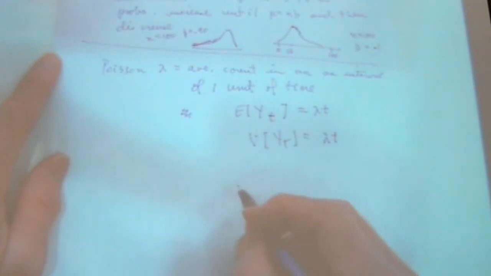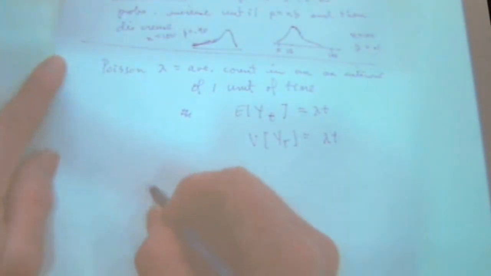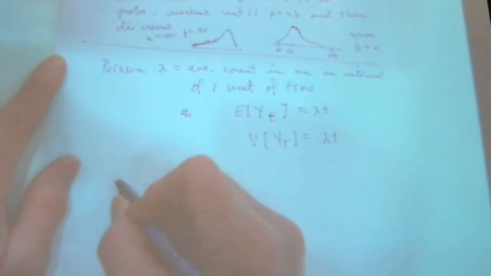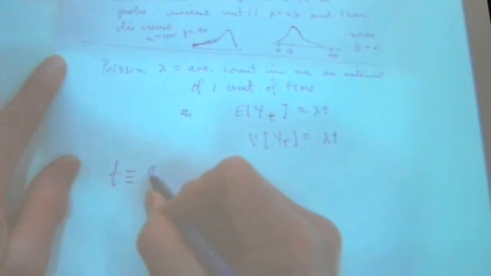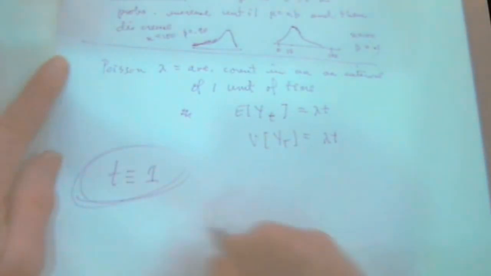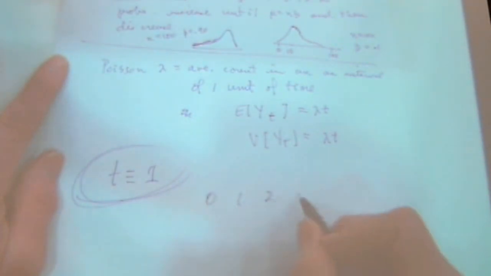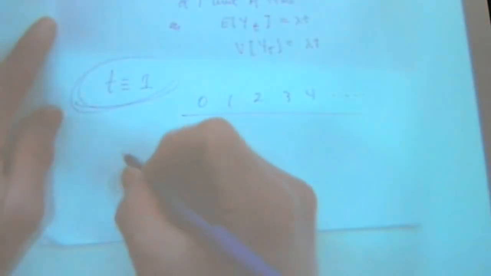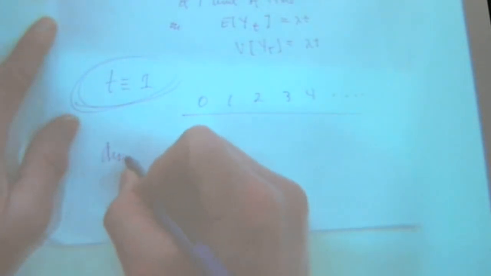Okay, and then the Poisson, how many events can you have in a unit of time? Let's say time is 1. You could have 0, you could have 1, you could have 2, and so on, it's countably infinite. The probabilities, of course, will decrease, but the distribution peaks.